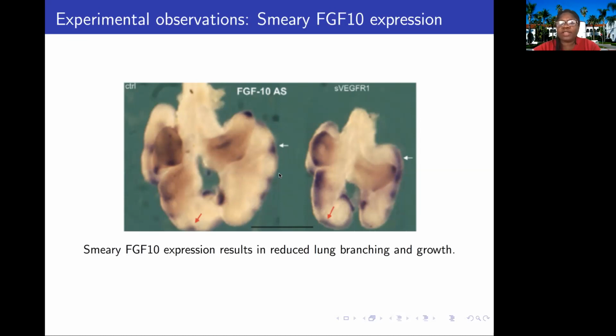So the question is, how do we describe this spatiotemporal expression of FGF10 for us to be able to understand how it actually controls lung branching? For the case where I'm hovering my mouse, we can crop it out and say, okay, it really works with the model that we developed a while back, which I showed you a few slides ago. And then we can describe FGF10 expression and how it drives lung development.